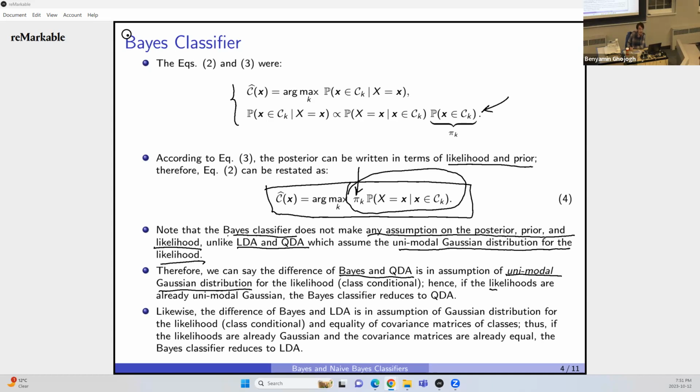Hence, if likelihoods are already unimodal Gaussian, the Bayes classifier reduces to QDA. Also, if the likelihoods are already Gaussian and the covariance matrices are equal, then the Bayes classifier reduces to LDA. Right? Interesting.